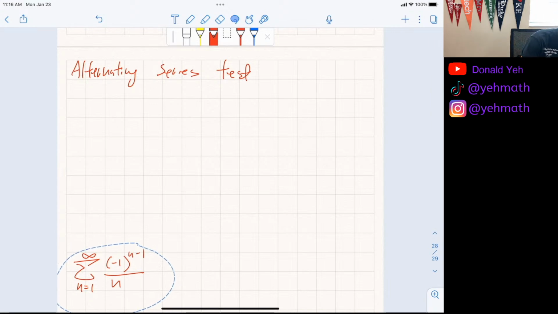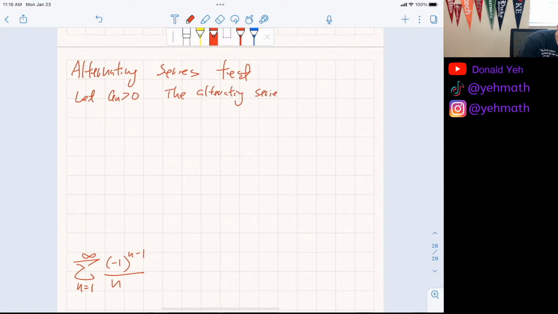So let a_n be greater than 0, and it has to be an alternating series. The alternating series can be written this way, the sum from n equals 1 to infinity, or something really close to this. The most important thing is the (-1)^n in the front. That's called alternating.